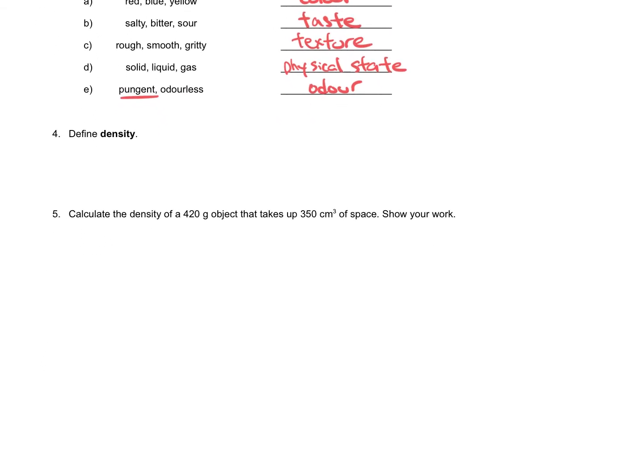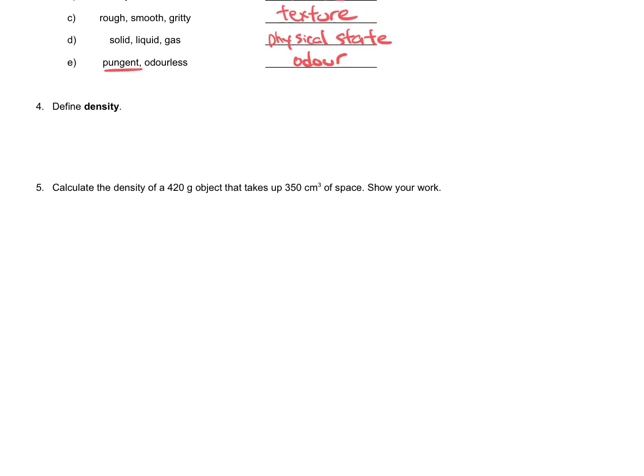Okay, define density. So I believe this was on your quiz before, and I expected you to write it as part of your lab report on the density of rubber stoppers as well. So the simple definition is basically based on the formula of density.